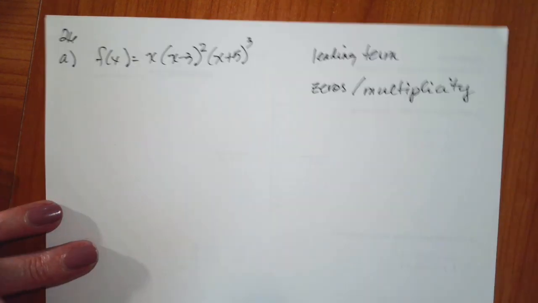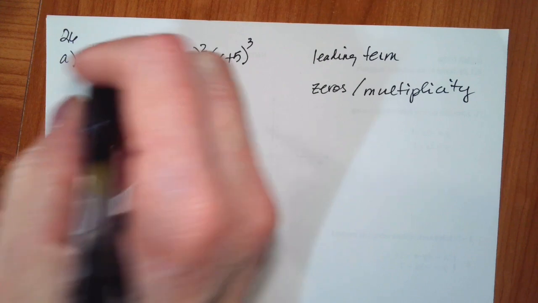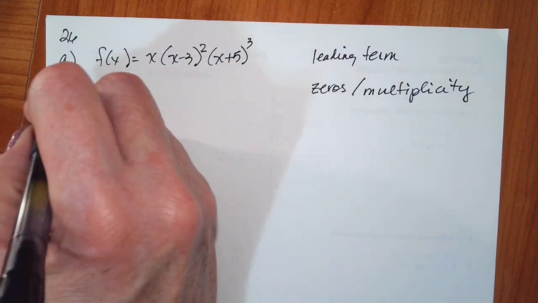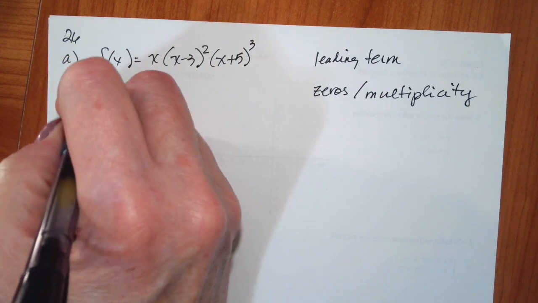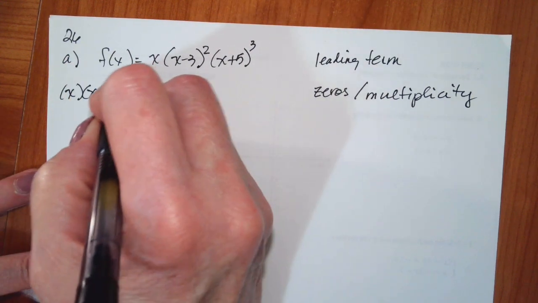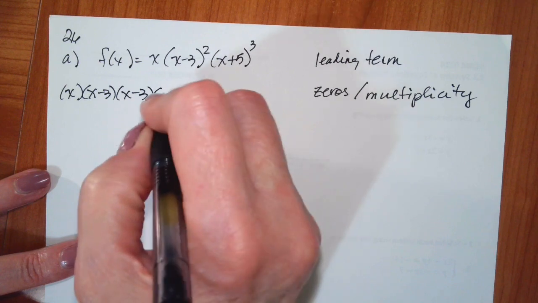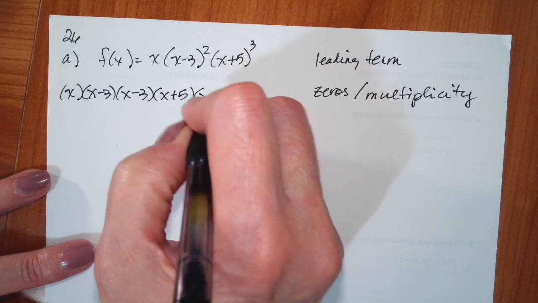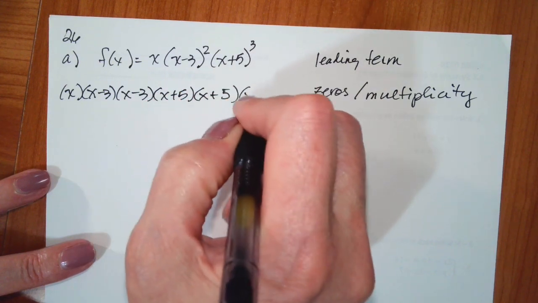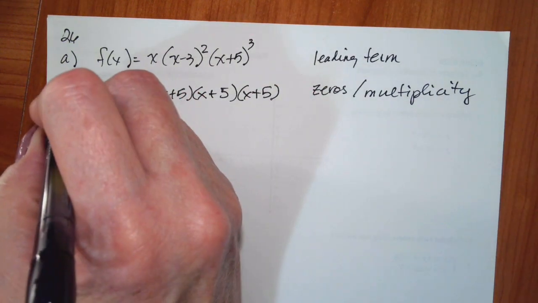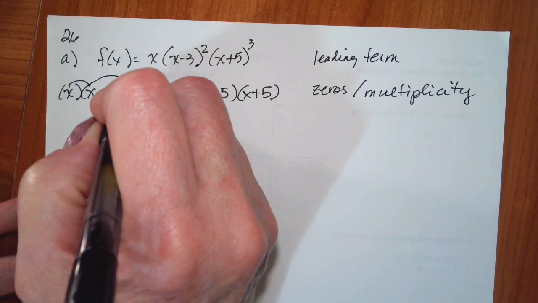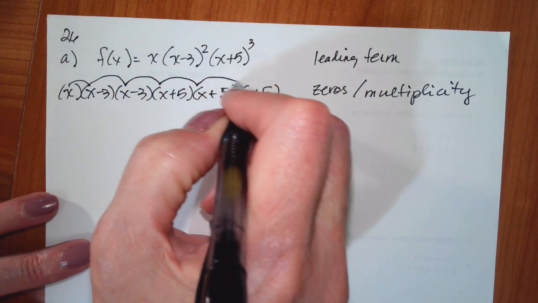Okay, so if I want to find my leading term in factored form, this really could be written as x times (x minus 3) times (x minus 3), (x plus 5), (x plus 5), (x plus 5). To find my leading term, I'm just going to multiply the leading term of each.